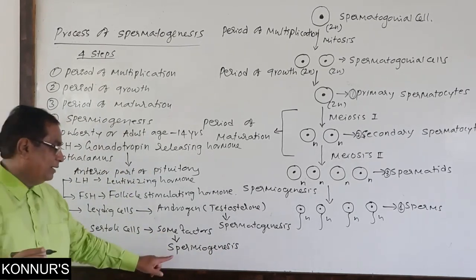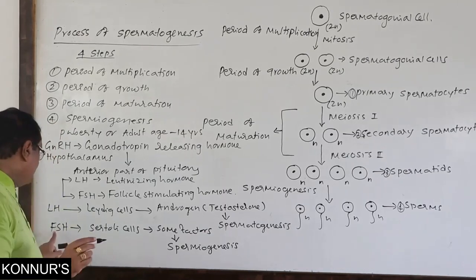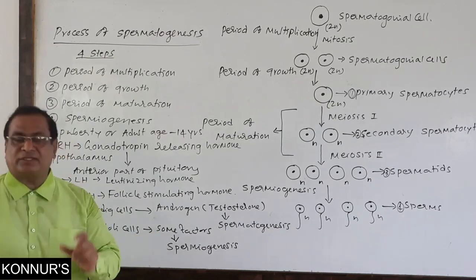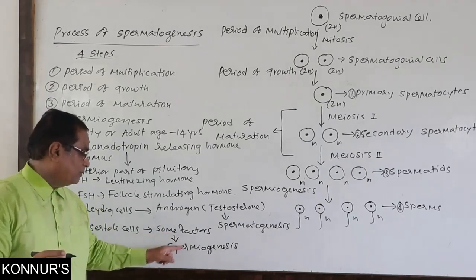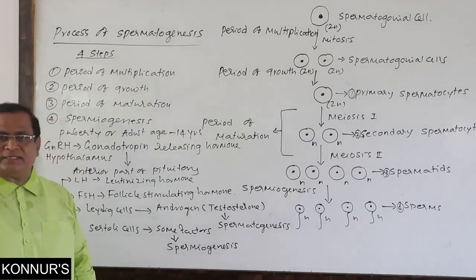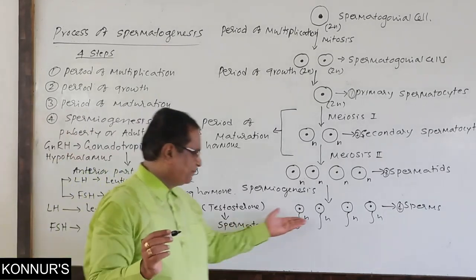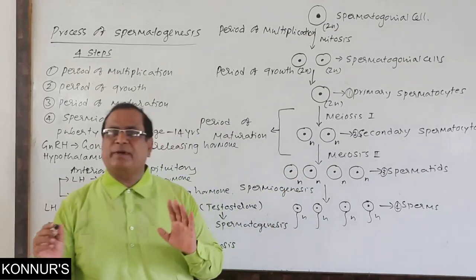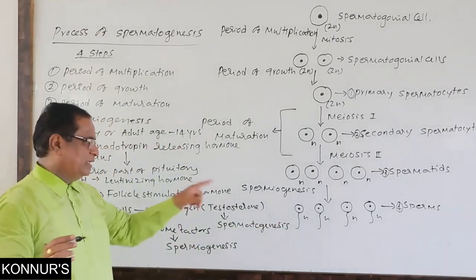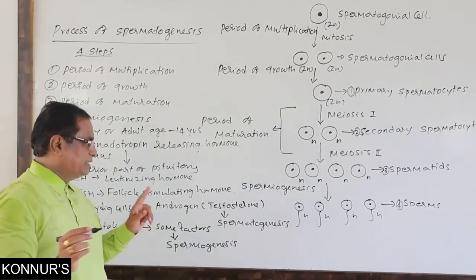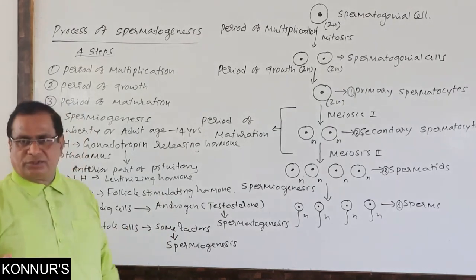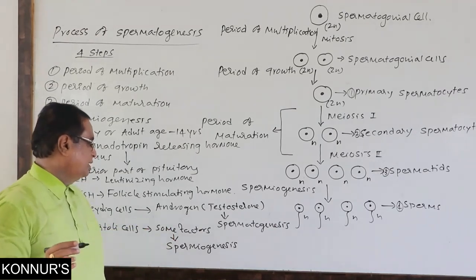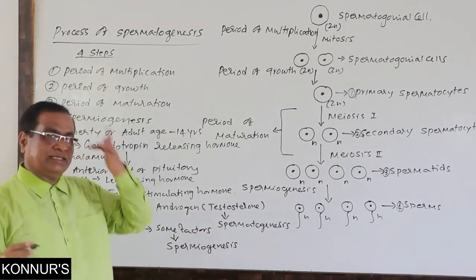And what is spermiogenesis? Spermatids are metamorphosed into sperms. Final step. That final step is due to FSH, as it stimulates Sertoli cells to produce some factors, and that process is taking place.